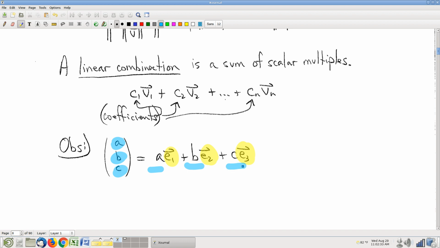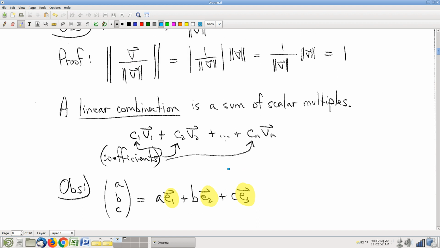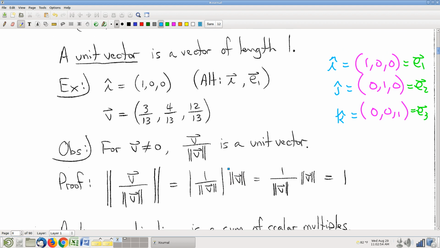That's kind of neat. In fact, this is the only list of vectors that has that feature, for which, in a linear combination, the coordinates of the result are the coefficients in the linear combination. And that's not hard to prove. So that's a wonderful feature for this trio of vectors to have. Again, I remind you, that's these vectors right here.